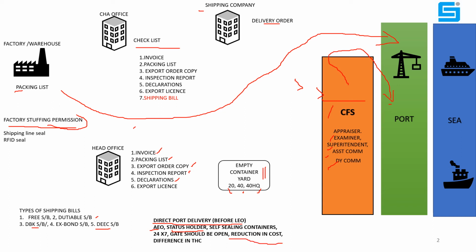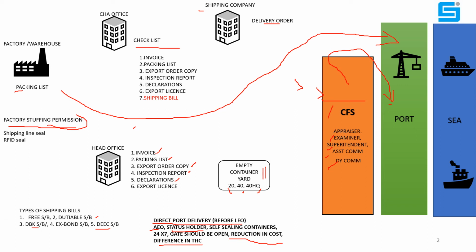And there is a difference in TSC, terminal handling charges, because these are charged by the shipping company. A certain portion passes to the CFS, because the container comes to the CFS and is unloaded there. Once again it is loaded at the CFS. The loose cargo comes to the CFS, then it is stuffed into the container.